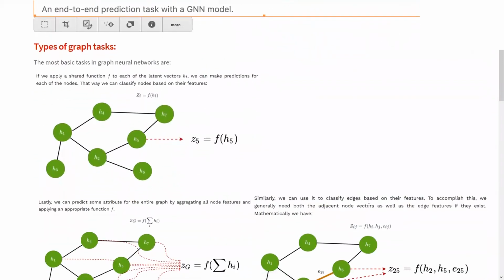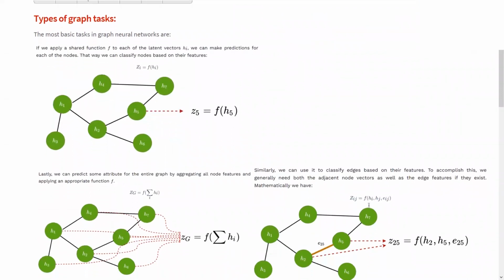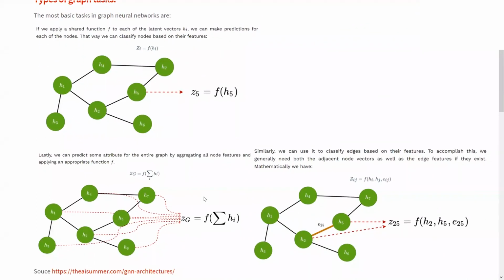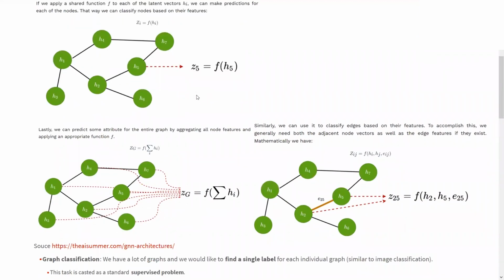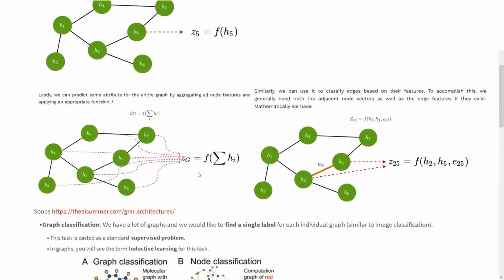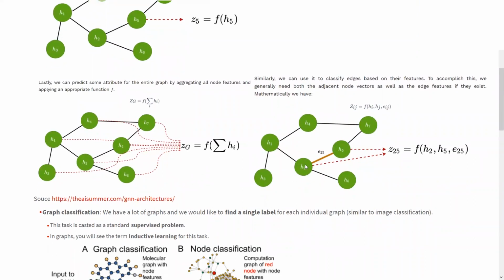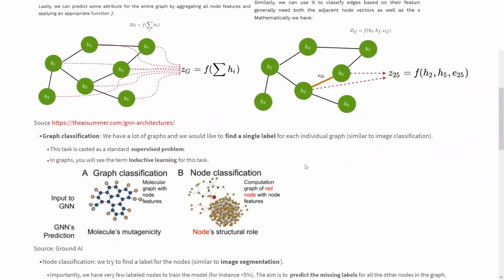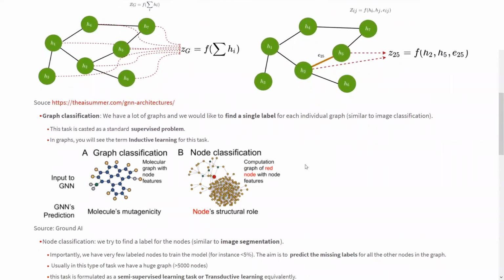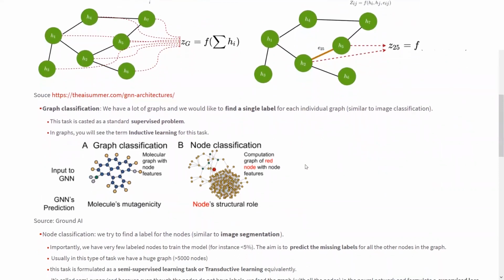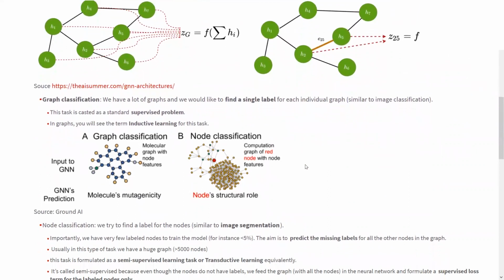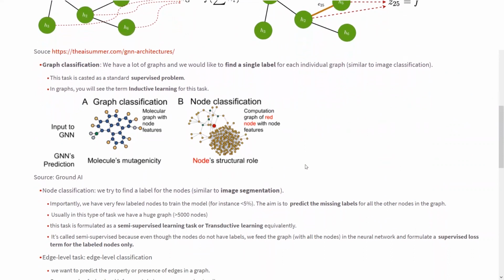You can see there are 3 types of tasks. The first one is classification of nodes, and the second and third are the classification of whole graphs and edges. Graph classification is like image classification, so we need to supervise it, so it's inductive.